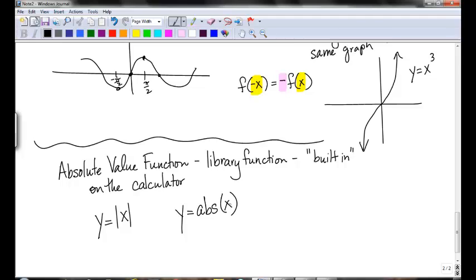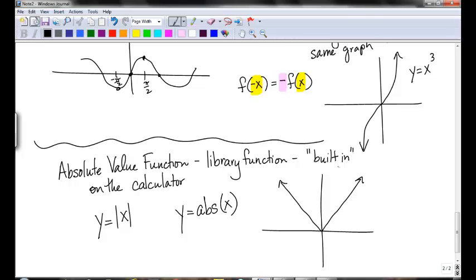Then put in your x in the parentheses and just do zoom 6. Normally it looks a little better symmetric, so do zoom 5 to square it up. It should look like this on your calculator. I did zoom 6 and then zoom 5.